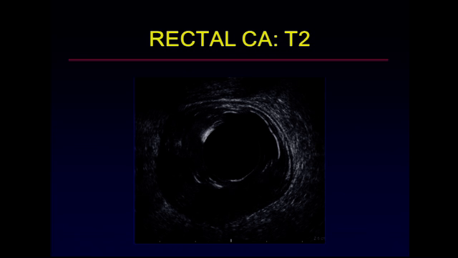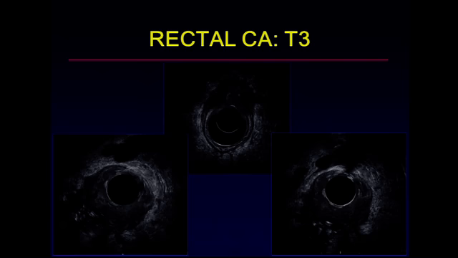Understanding that ultrasound is not very good at differentiating between microscopic invasion of the adventitia and little inflammatory changes, we typically only call T3 tumors or invasion of the adventitia when you see things like this, where you actually clearly can see lobular extensions of the tumor clearly beyond the rim of the hypoechoic band of the muscularis propria.